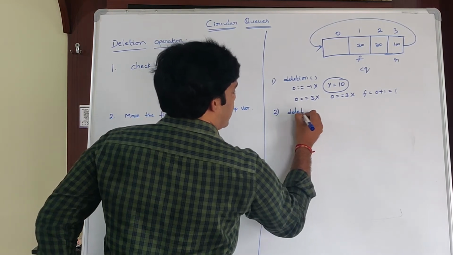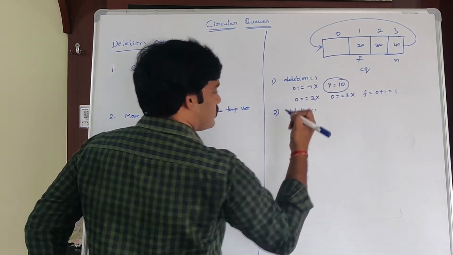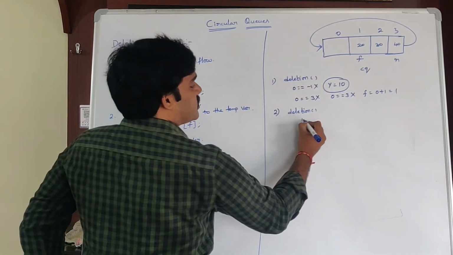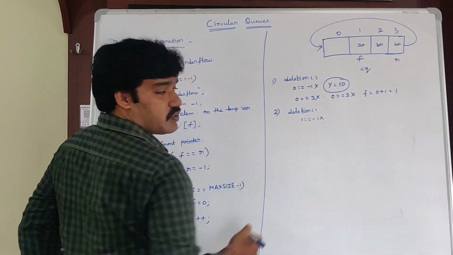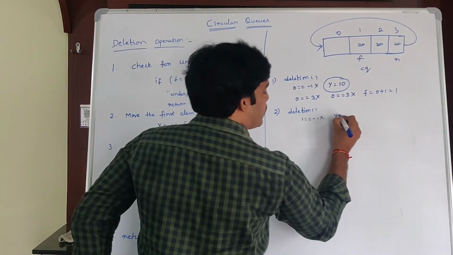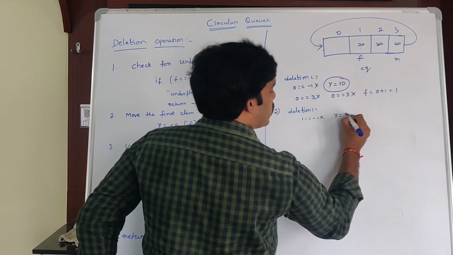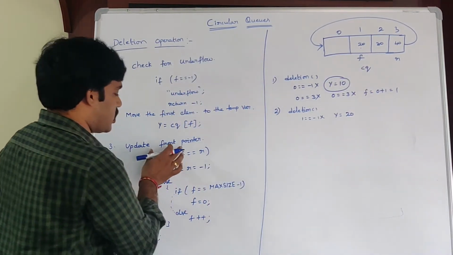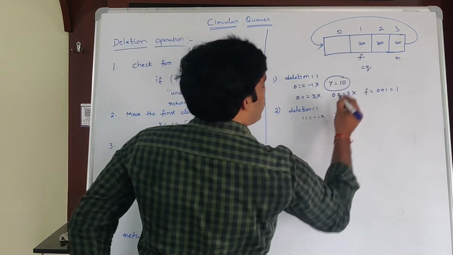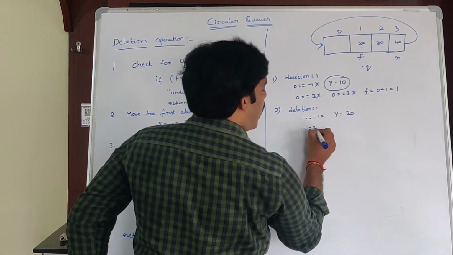Again I am calling the deletion function second time. Now is F is equal to -1? 1 is equal to -1? No, condition is false. Coming to the second step, move the first element to the temporary variable, that is y is equal to 20. Next, how to update the front pointer? Is F is equal to R? What is F? 1. Is 1 equal to R value 3?